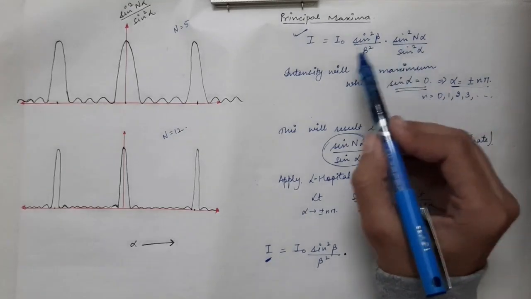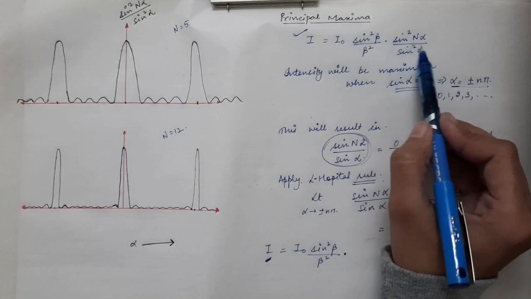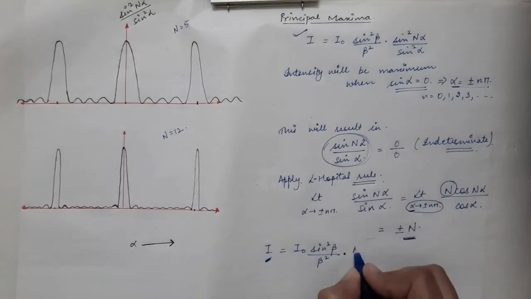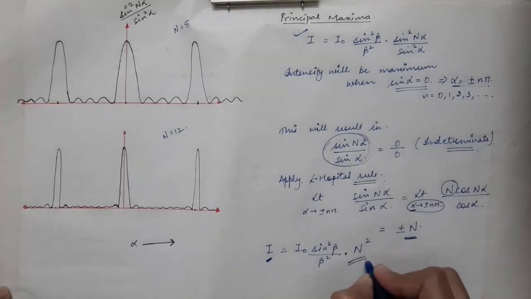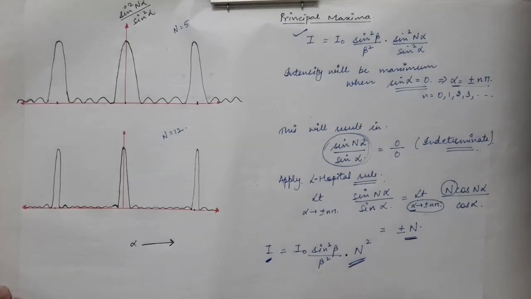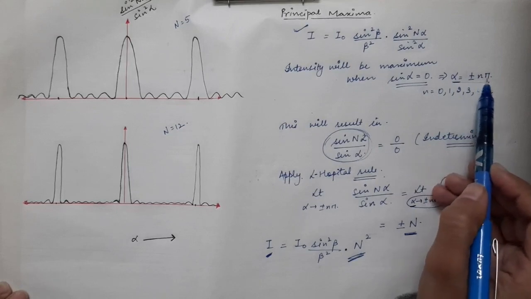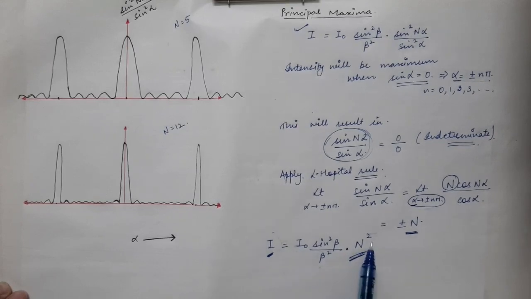So in the case of intensity, we have the square of sine n alpha over sine alpha. We will square this and you will get just n square. And you can clearly see that this is the maximum intensity. For other values of alpha except plus minus n pi, the intensity will surely come out less than this factor.